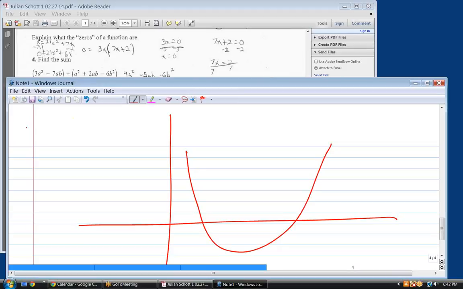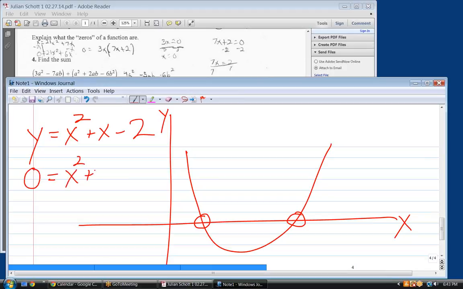In other words, if I give you a quadratic like this, y equals x squared plus x minus 2, well, I can graph it, there's the x-axis, there's the y-axis, and the zeros of the function are where y is equal to 0. So I make y equals 0, factor that into x plus 2 times x minus 1.